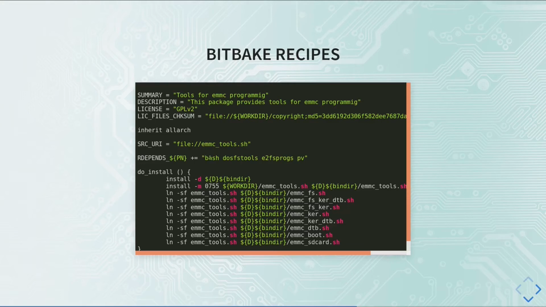Then you have the other packages on which this tool depends, and then you have the do_install function that specifies to BitBake how to move this source file or the output of the compiled package in the root file system that it will create at the end of the compilation.